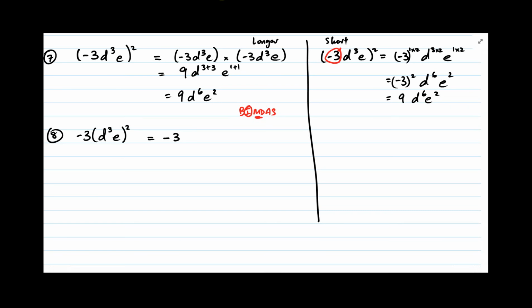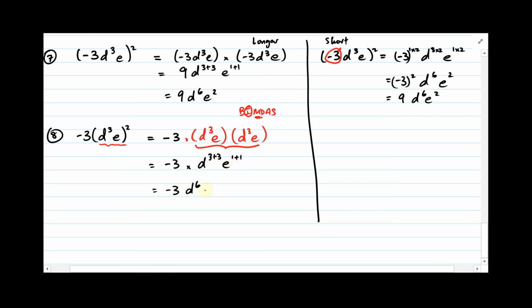So I must do the powers first. So this is d cubed e and d cubed e. I must carry that part out first. So bringing back my negative 3, I can simply put these together, d to the 3 plus 3, e to the 1 plus 1, and hence negative 3d to the 6 e squared.